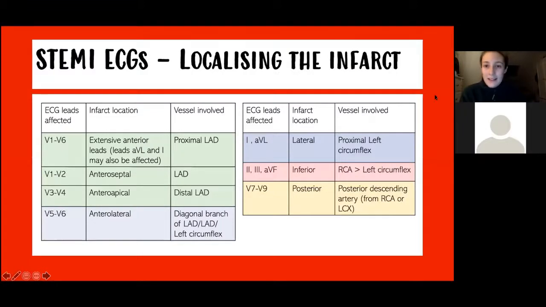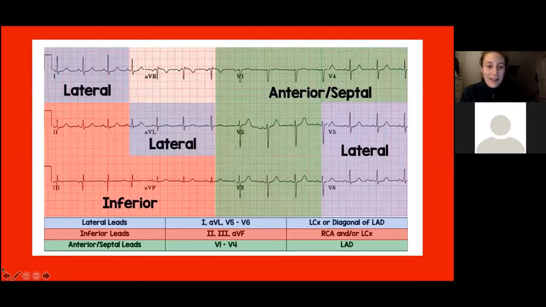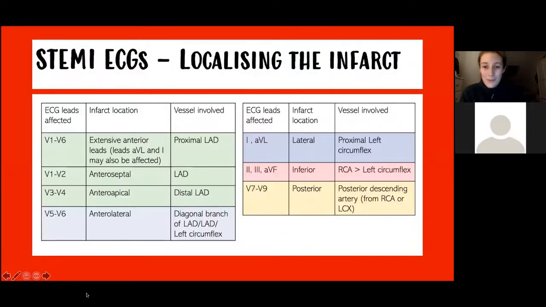So localizing the infarct, I'm sure a lot of you have seen this lovely diagram. It's very, very useful. It's one of those things you've just got to learn, and it's all about patterns. So you've got your anteriors, your laterals in the purple, and then your inferiors and your posteriors.